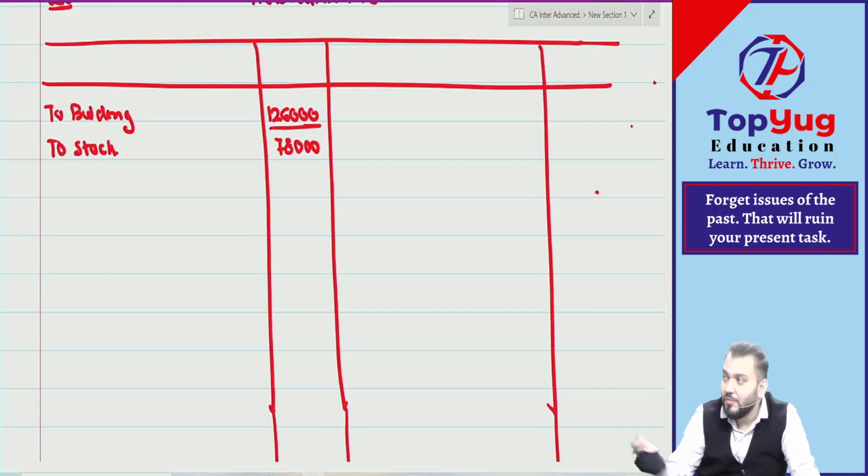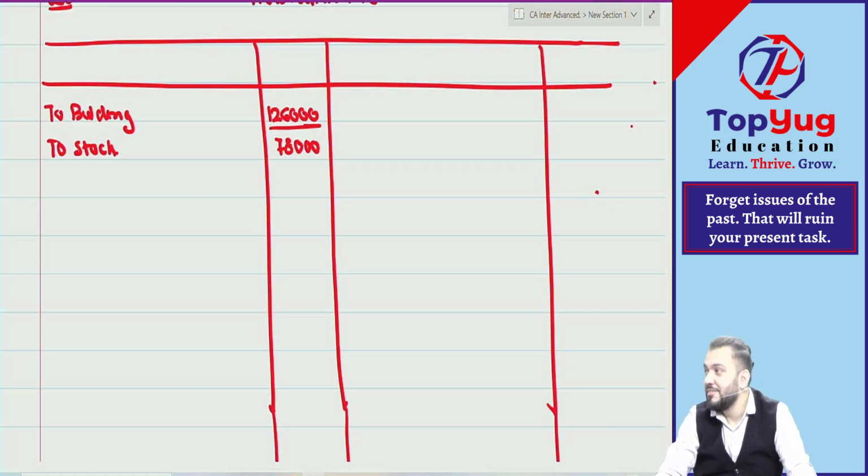Only one. Really? How much? Book value written. Book value is correct. Assets are taken over at what? Agreed value, na?